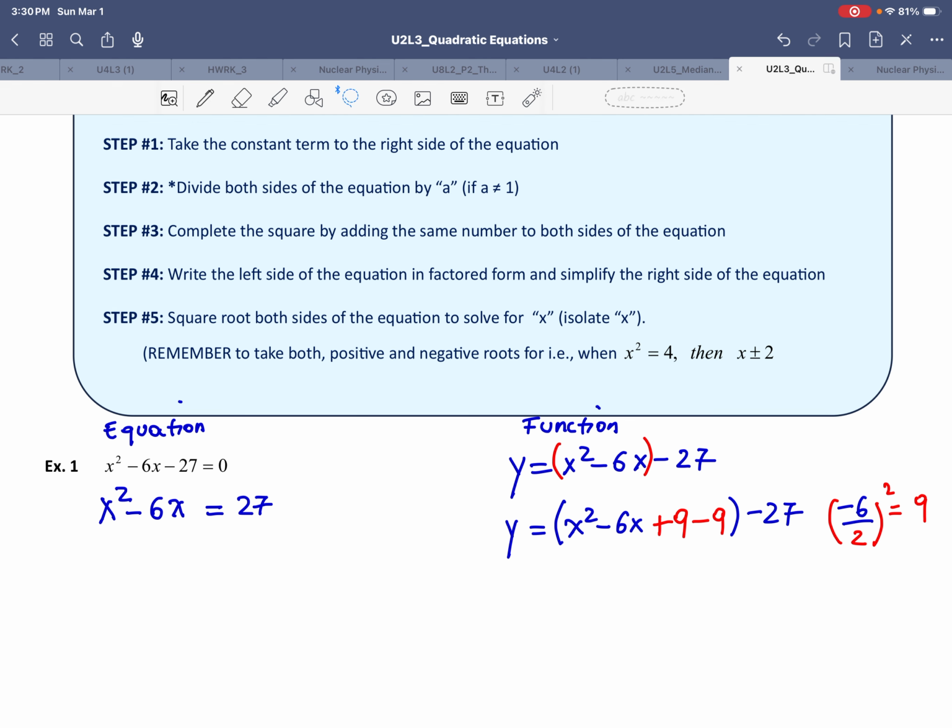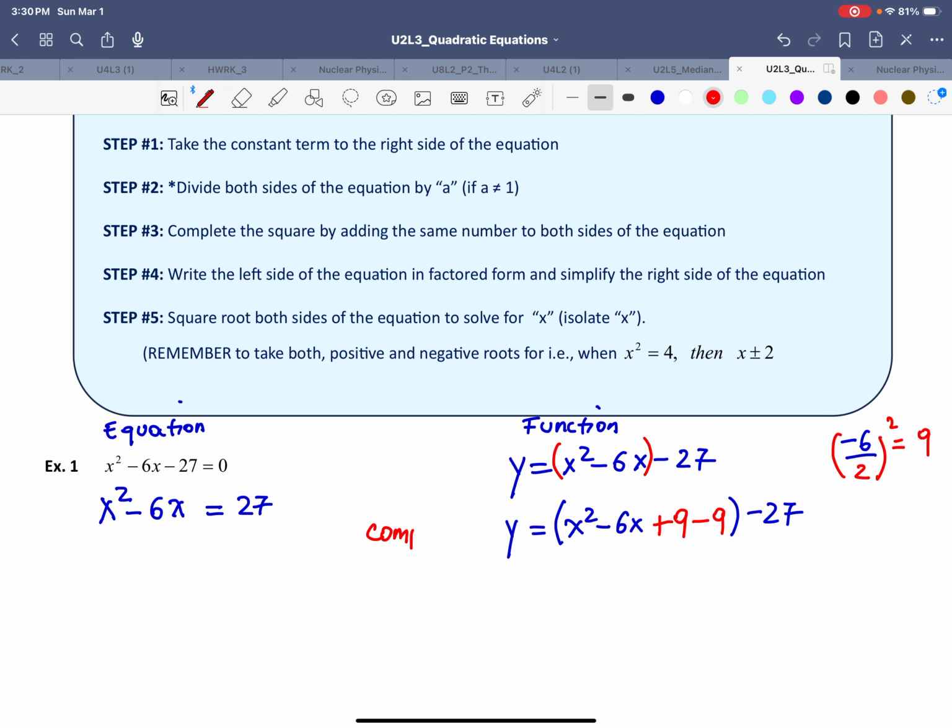Now, how is this the same or different in quadratic equations? In quadratic equations, again, we're going to complete the square just like we did in the functions, but we're going to complete the square slightly differently. So we're going to say that x squared minus 6x is going to need a 9 to become a perfect square.